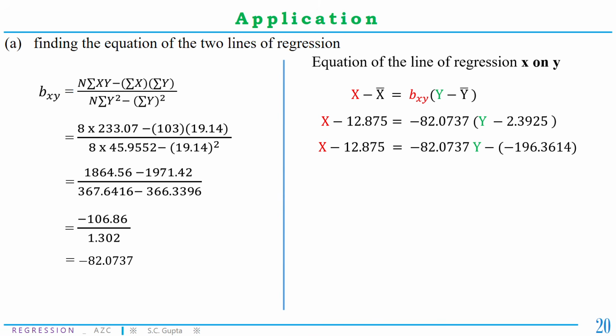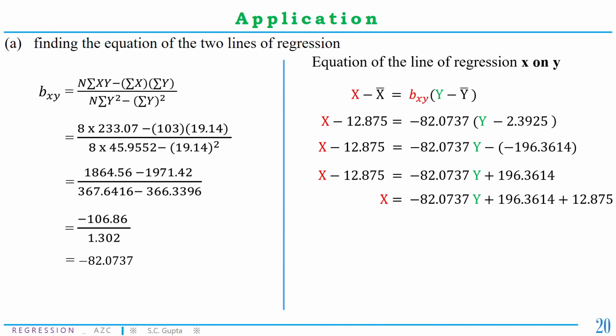82.0737 with 2.3925 is minus 196.3614. Minus into minus sign changes to plus. Now, take this minus 12.875 to right-hand side. So, that turns to plus 12.875. 196.3614 plus 12.875 is 209.2364.